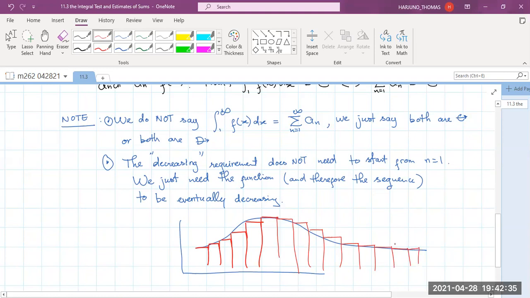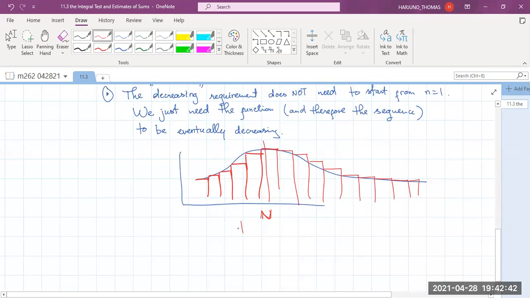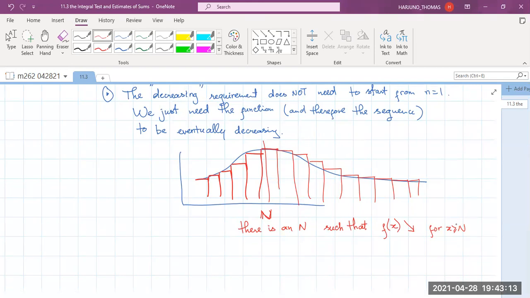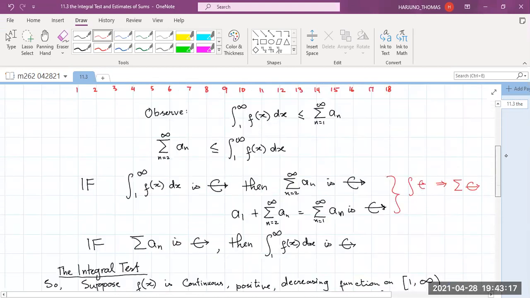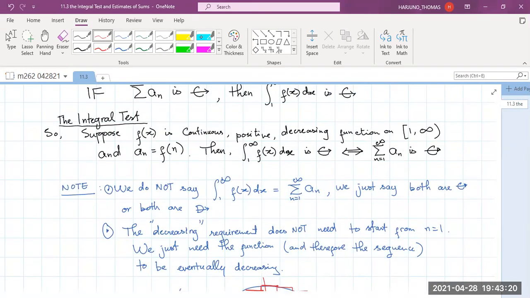Does it make sense? So there's a capital N here. There is an N such that f(x) is decreasing for x greater than or equal to that capital N. So we don't need to be super strict on the fact that the function has to be decreasing from x equals 1.